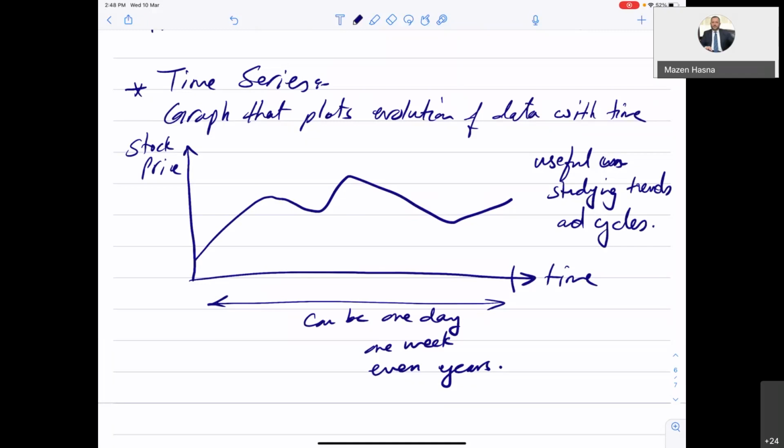So you plot a time series just to show you the evolution of any process or any piece of information that you want to study against time.